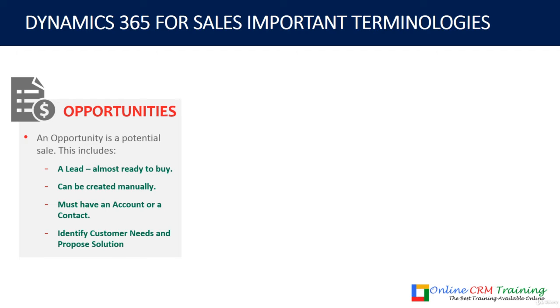Okay, so once you qualify the lead, it automatically converts to an opportunity, or you can also manually create an opportunity. Plus, this must have an account or a contact. So you must know for which contact or for which customer this sale is going to be, right? And also you identify the needs of the customer and propose the solution based on their requirements.